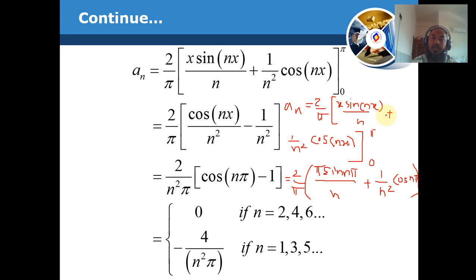At 0, this one will be 0. Minus, now at 0, sin 0 is 0, so it becomes 0 here, plus 1 over n square cos 0.